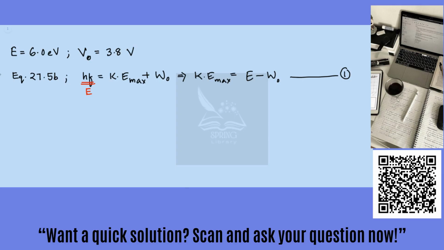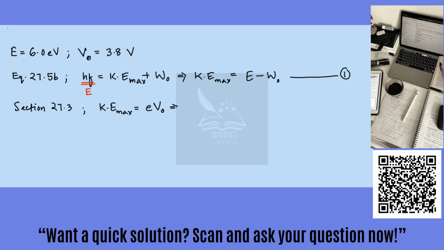Now you will also find in section 27.3 that the maximum kinetic energy is equal to the potential difference in electron volt, or the stopping potential. So e times V naught, where V naught is 3.8 volt, which is already given.